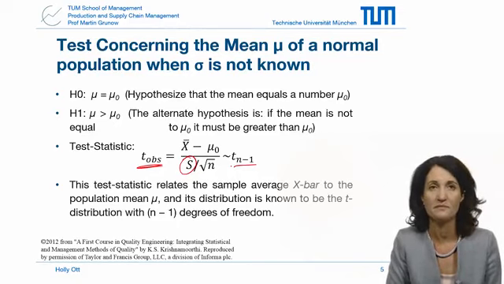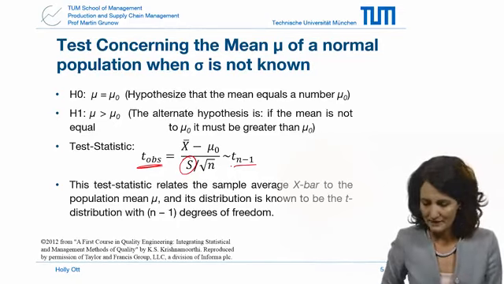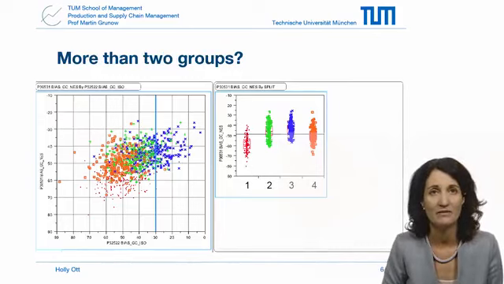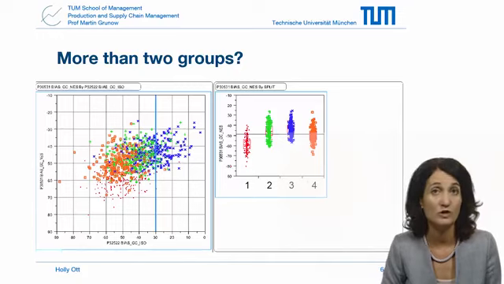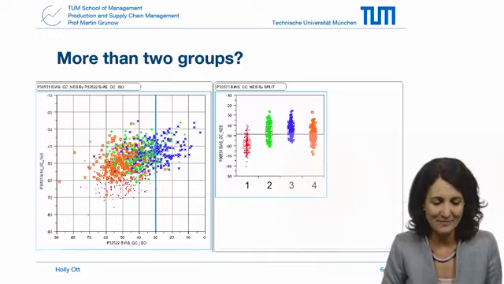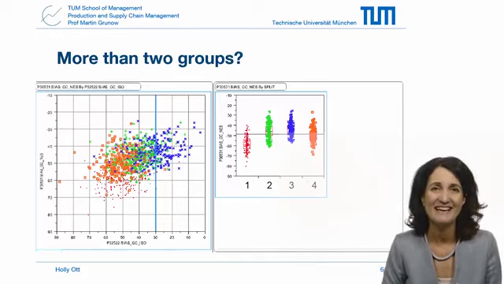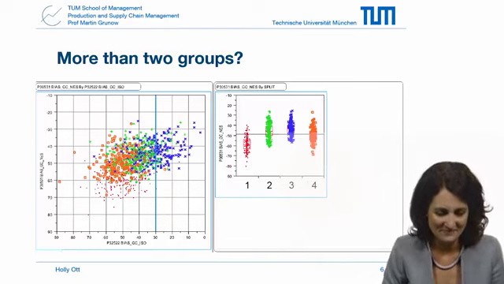So now, what happens if we have more than two populations, more than two groups? Here we have some sample data. This is very old sample data. We were checking the length of the gates in transistors, and this is quite old now.